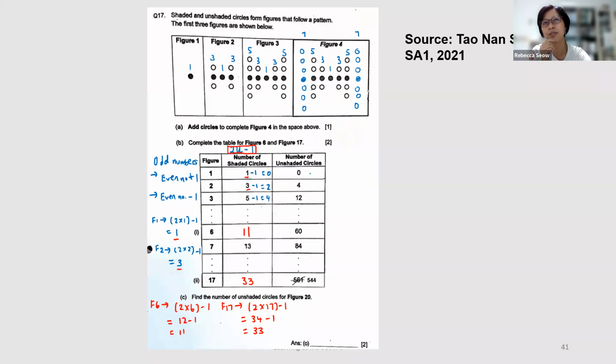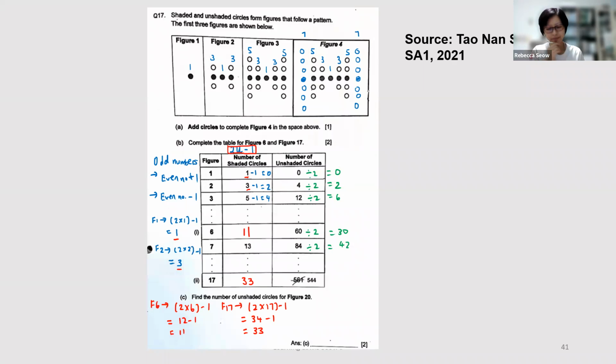When I halve 0, I will end up with 0, right? When I halve 4, I will get 2. When I halve 12, I will end up with 6. Similarly, when I halve 60, I ended up with 30. When I halve 84, I got 42. Okay, and I actually stopped here.